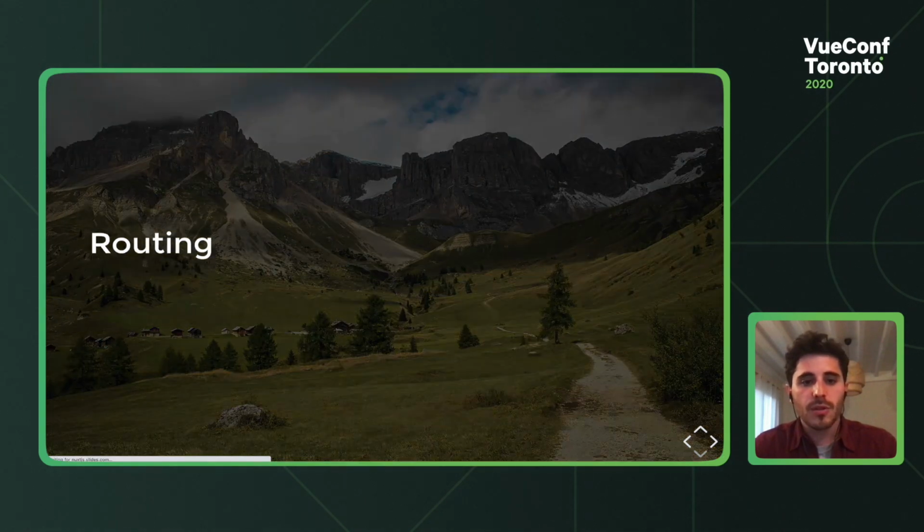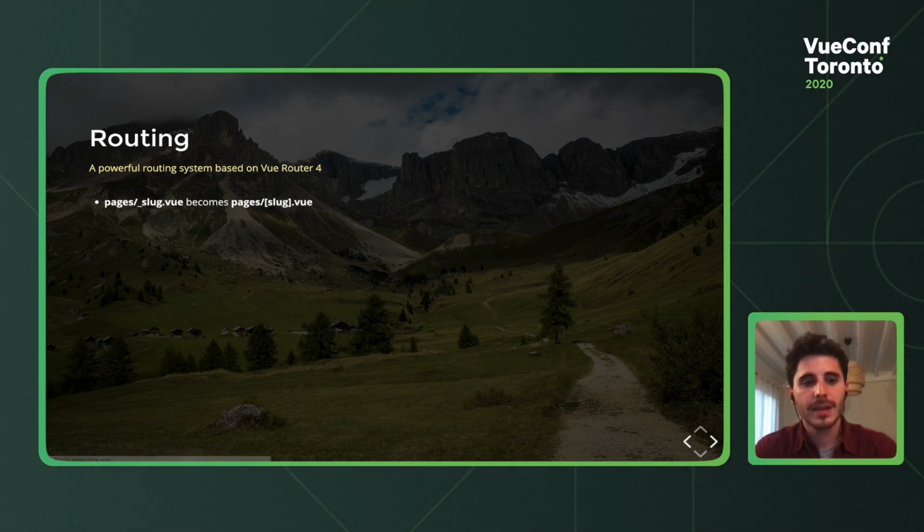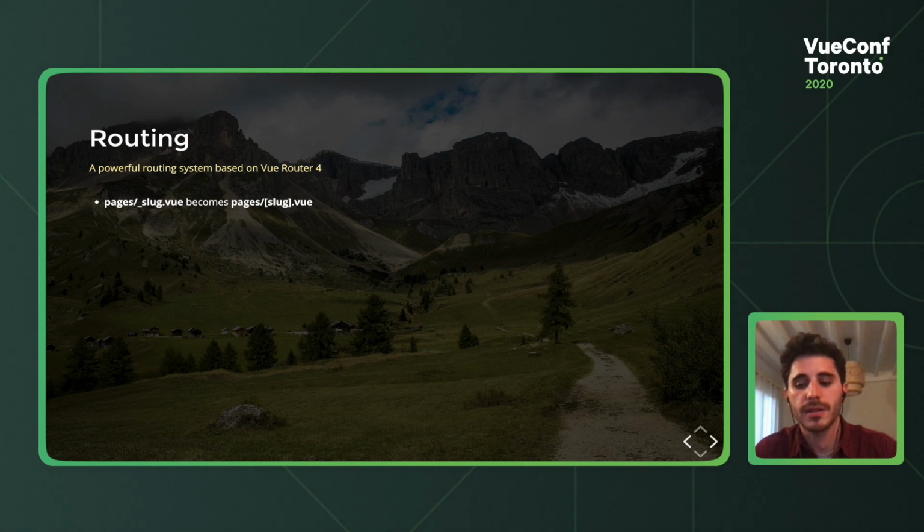And of course, routing. It's based on Vue Router 4, thank you, Eduardo, for your amazing work on this. pages/_slug becomes pages/[slug]. This is a breaking change, but the good news is that you will be able to have multiple slugs, multiple parameters in one page.